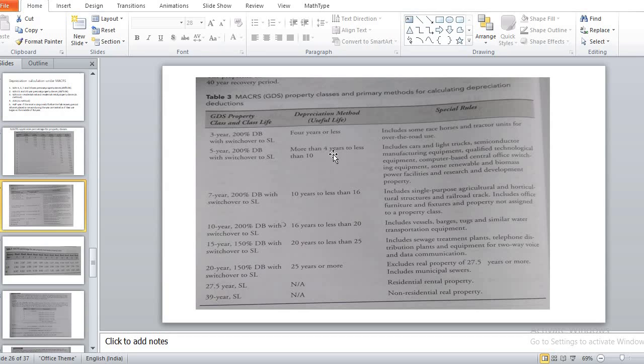For a useful life period of more than 4 years up to less than 10 years, we use the 200% declining balance method with the switch over to the straight line method.